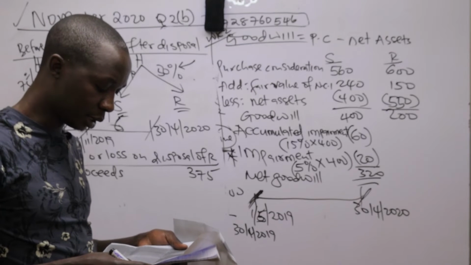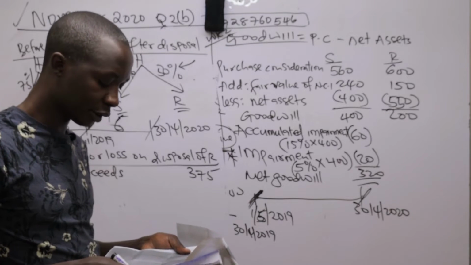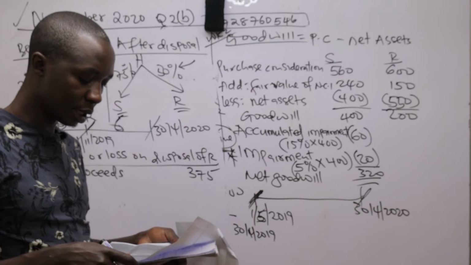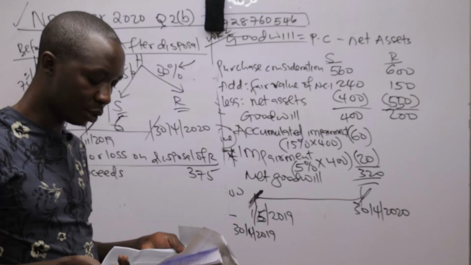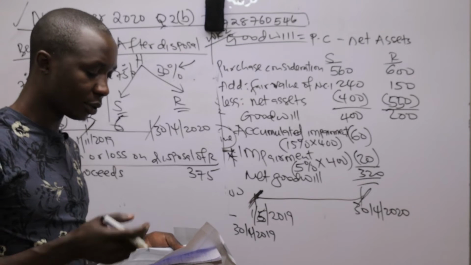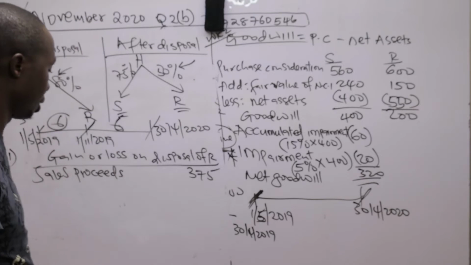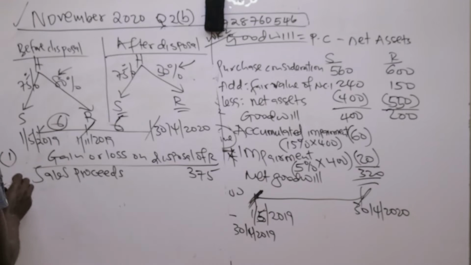The remaining equity interest in R held by H had a fair value of 575. So when they disposed the R, there's something they retained. So that is the value to be added back to the proceeds we got.